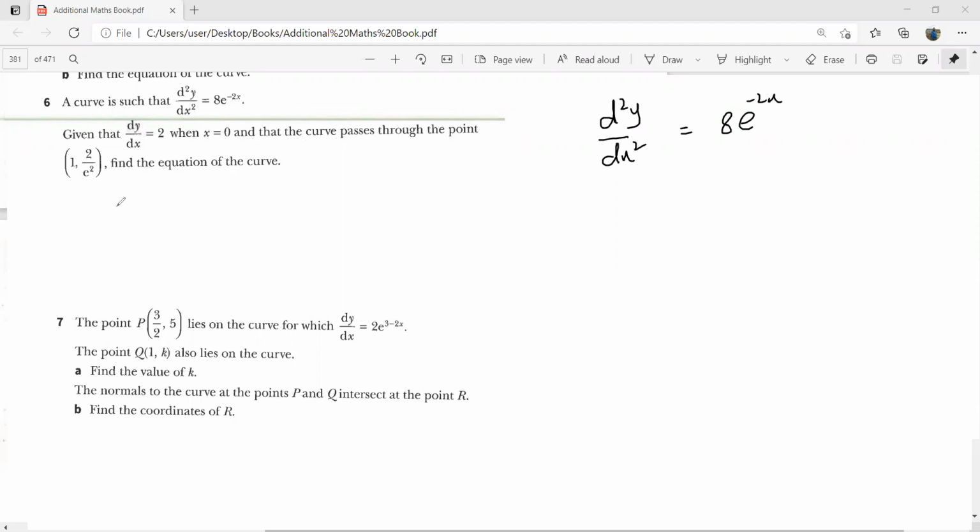You people have learned how to find this second derivative. First of all you have y equal to something, and when you find d by dx of this y, this becomes dy by dx. And when you differentiate this dy by dx again, this becomes d by dx of dy by dx.